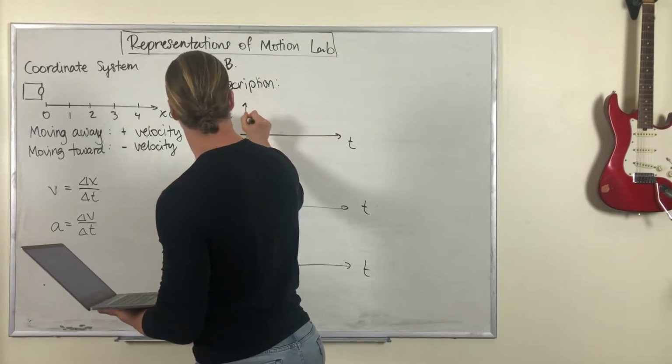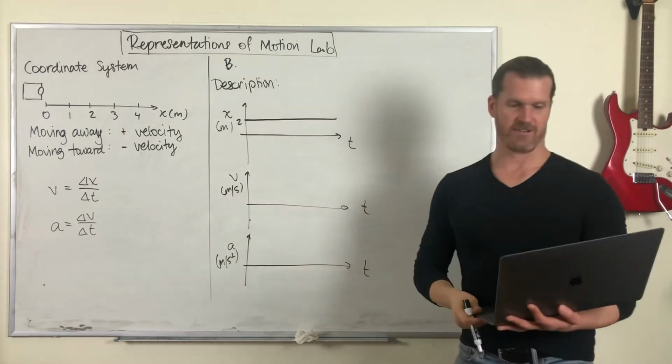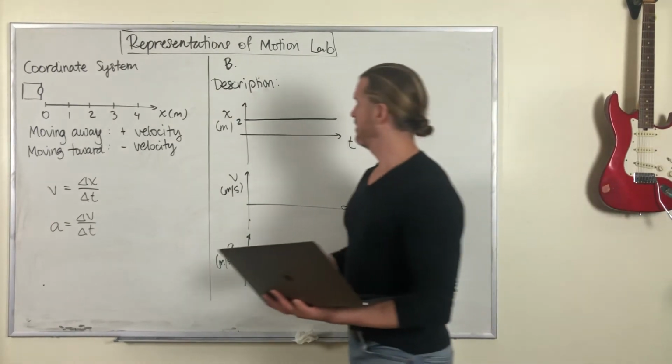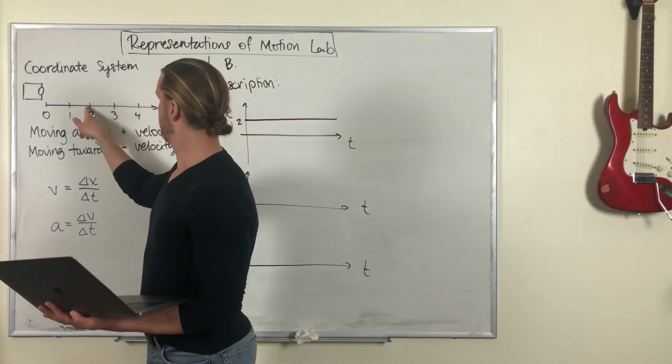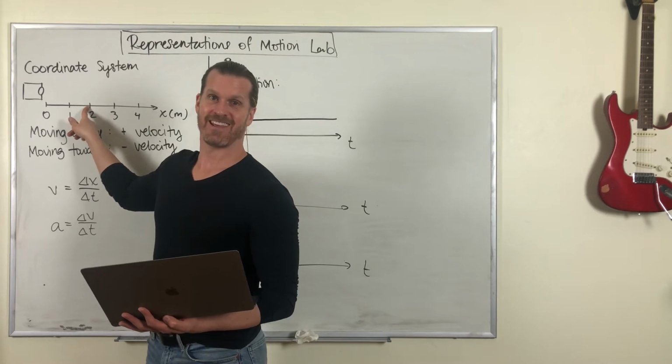So we're given its position, it's at 2 meters, and it's a horizontal line. So what does that mean? Well, this means that you're standing 2 meters away from the detector and you don't move.